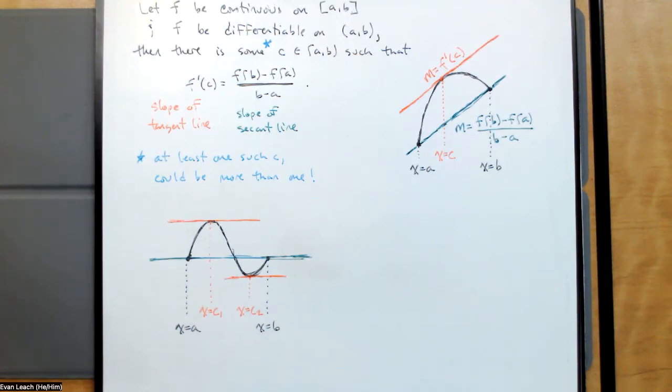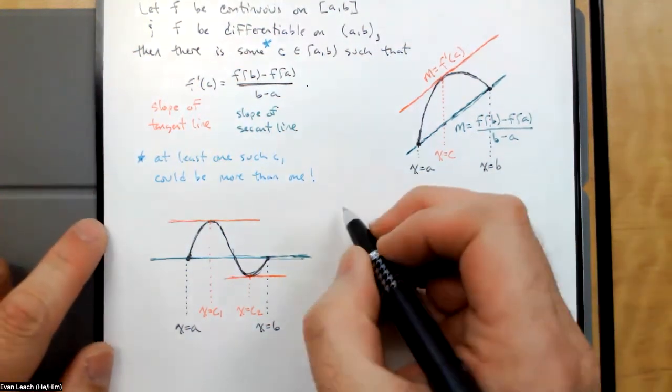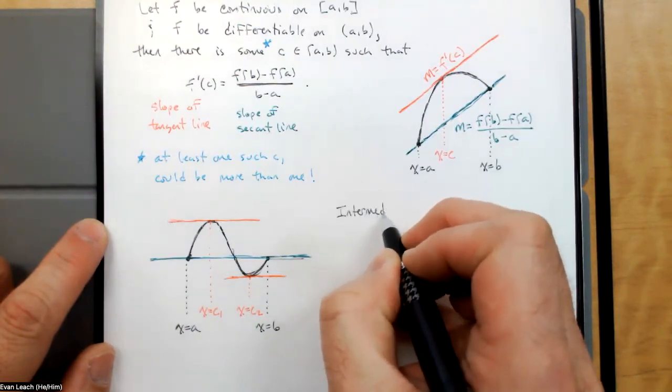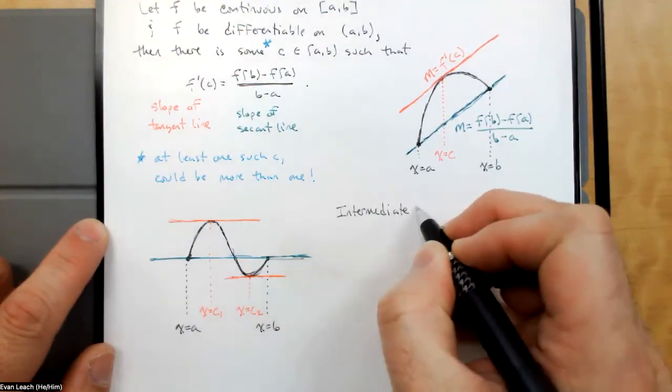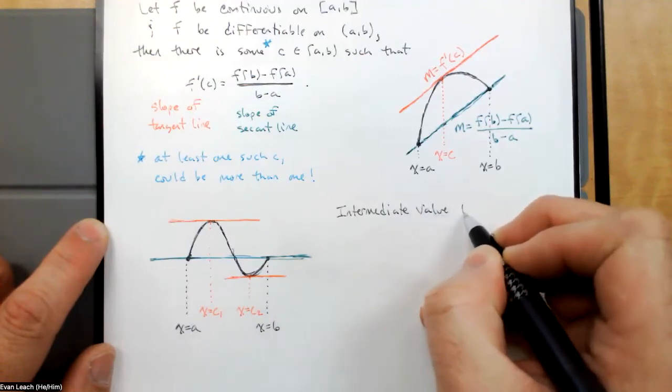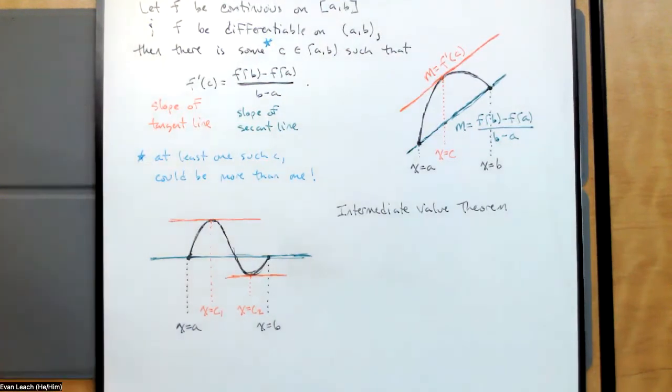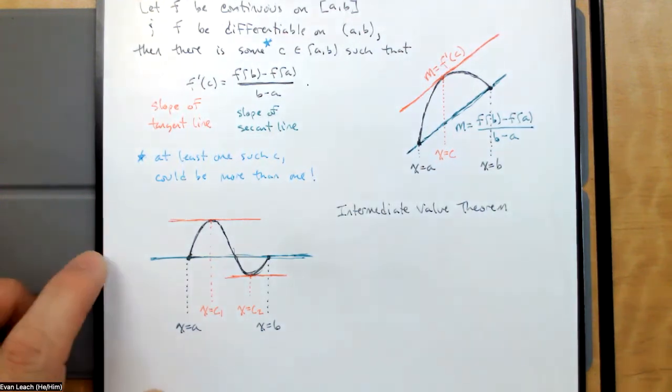This is also a variation on the intermediate value theorem, which says if you go from point A to point B on a continuous path, then you hit every point in between.